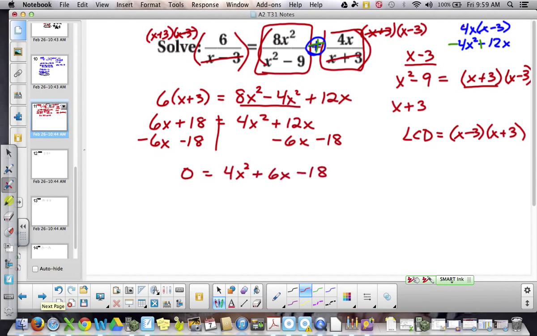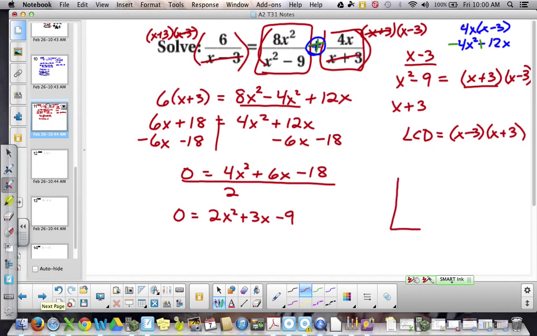Factoring that, I can divide everything by 2 first to make it a little bit easier. So we get 0 equals 2x squared plus 3x minus 9. And then let's factor that using the box.